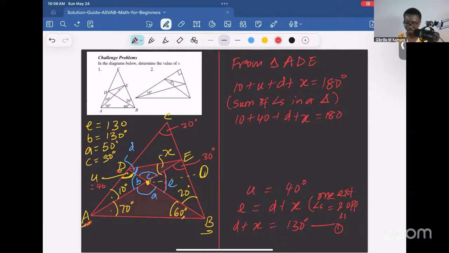So 30 plus 20 plus D. How do we get D? X plus C plus D, 180. We already know what C is. It's 50.